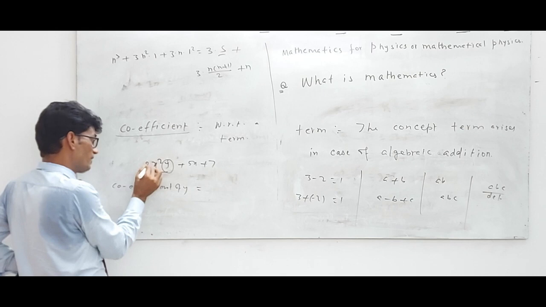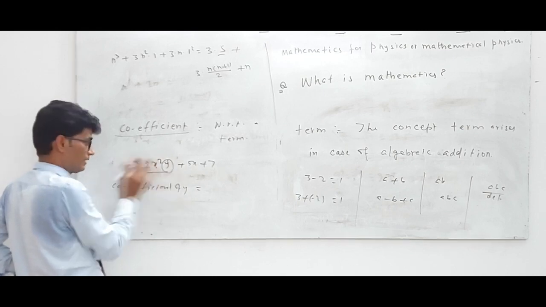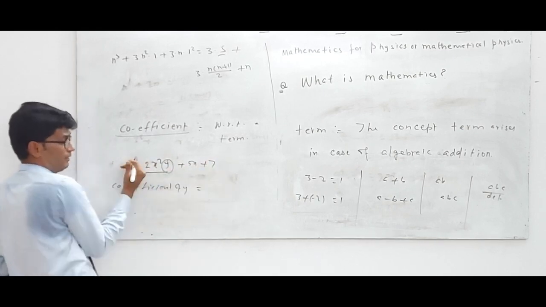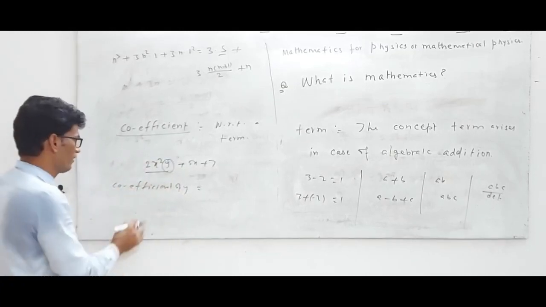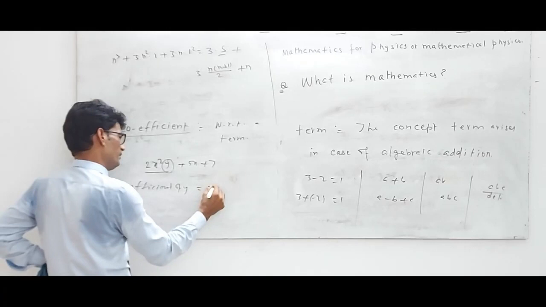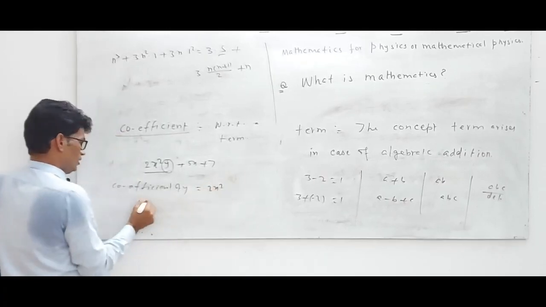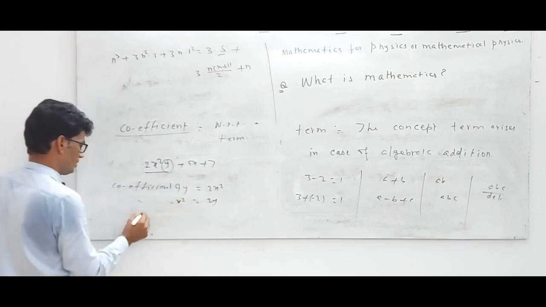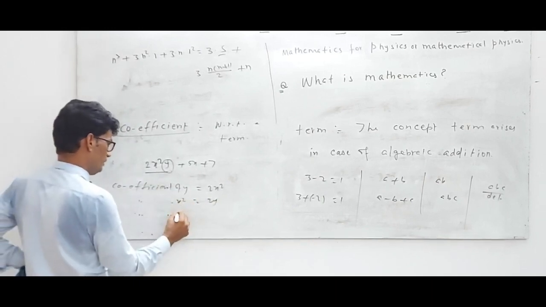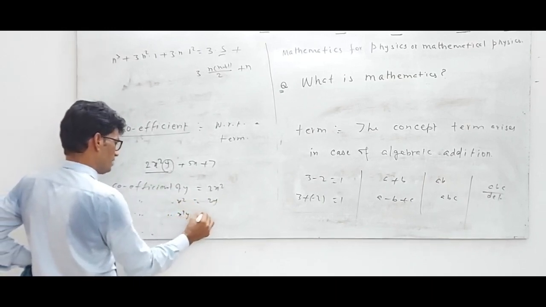So first factor, second factor and third factor. If we are counting from here, the first, second, third, it all depends upon the frame in which you are working. So it's 2x squared. Coefficient of x squared y is 2.